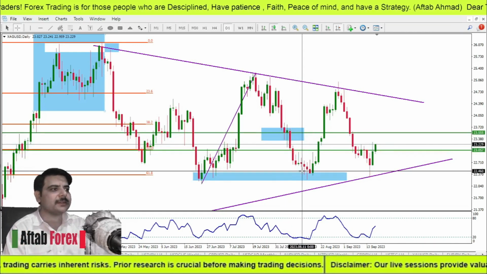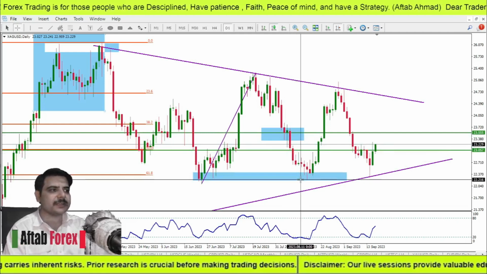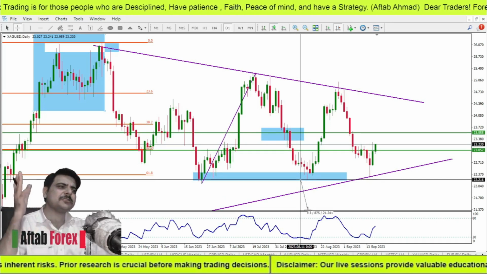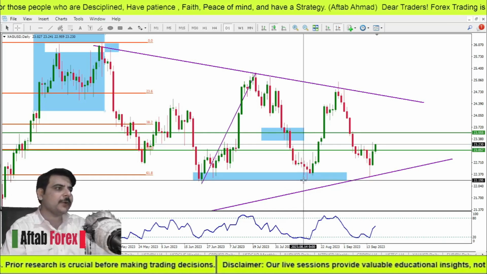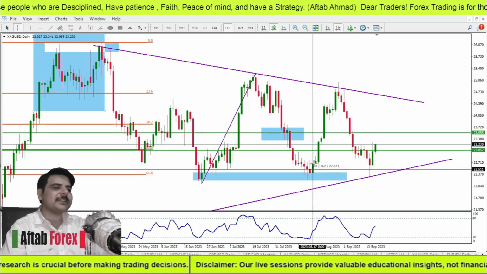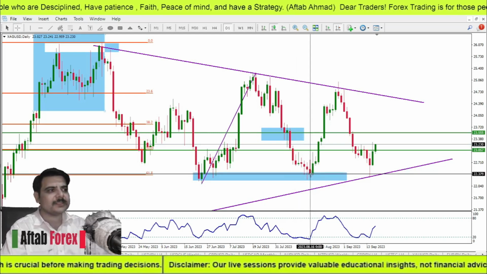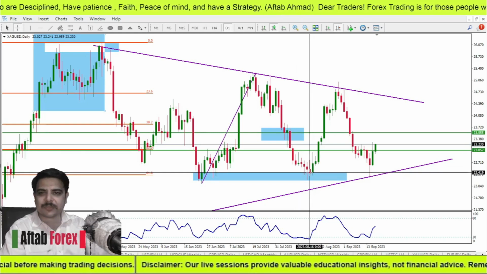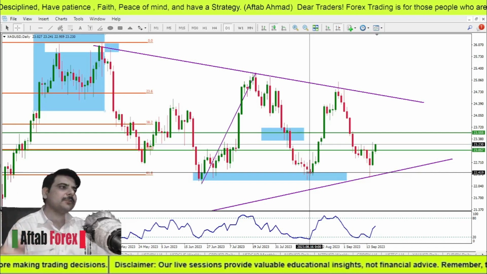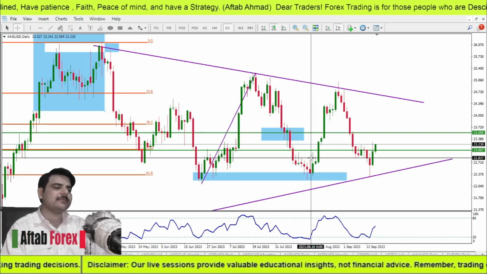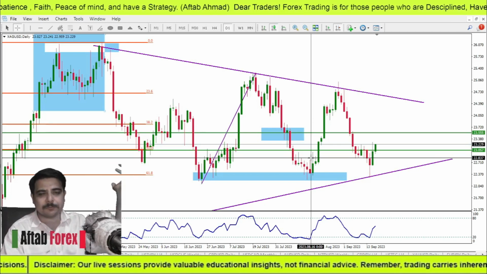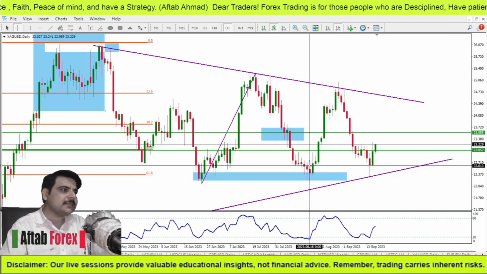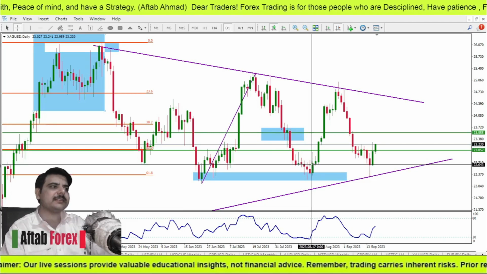When the market took this support from right here, we did nothing. We said, let it go down, we will see it later. But when we got this bullish engulfing candle, see, this candle's body is bigger than this one. I will make a separate video on candlestick patterns, which is in itself a complete new world of patterns, but in simple words, it is bigger than this one.